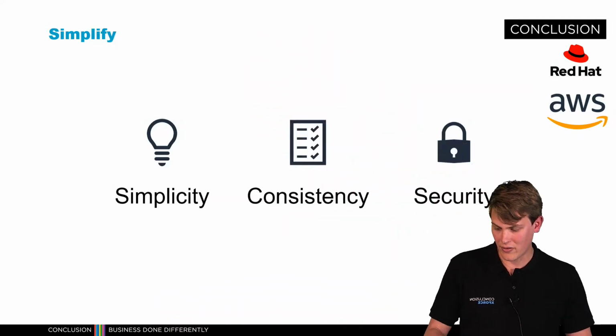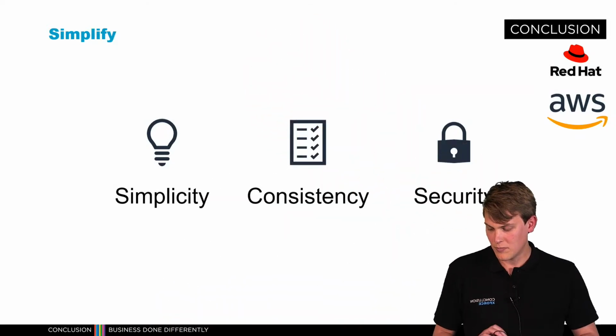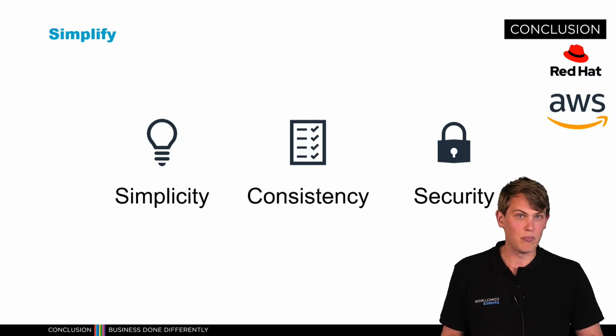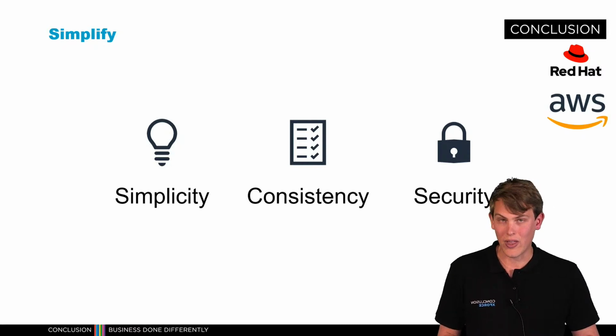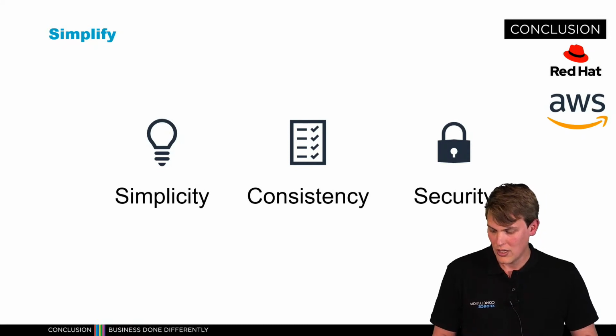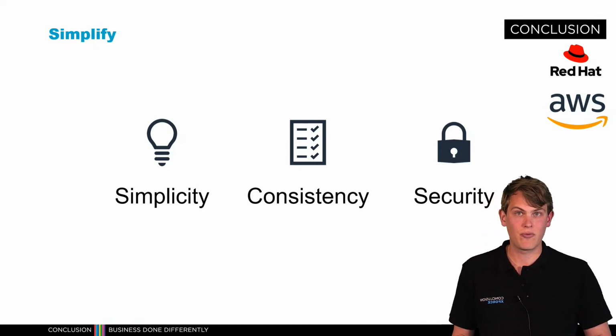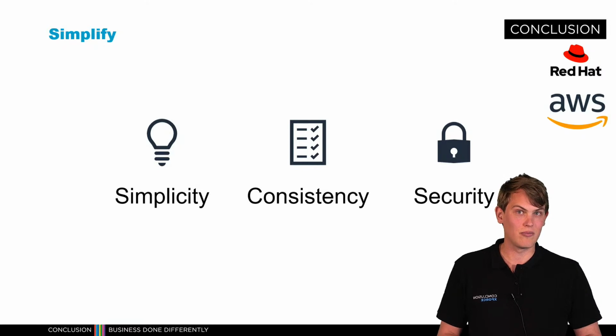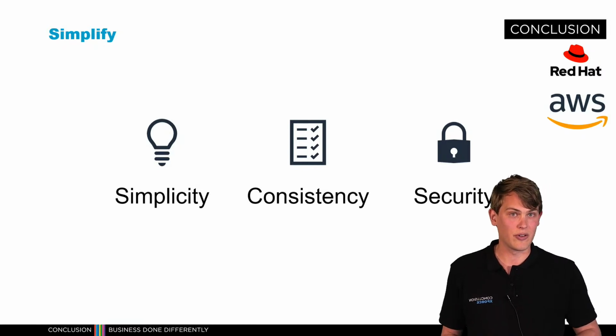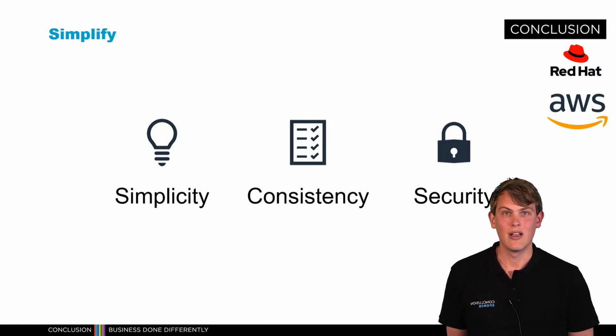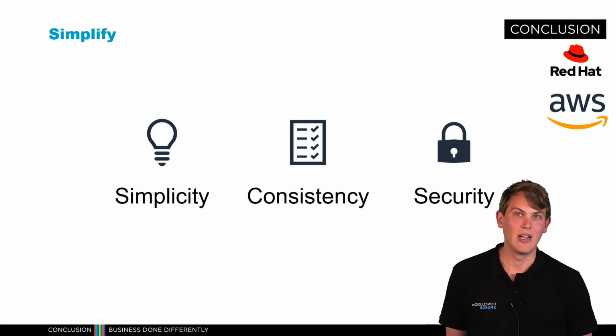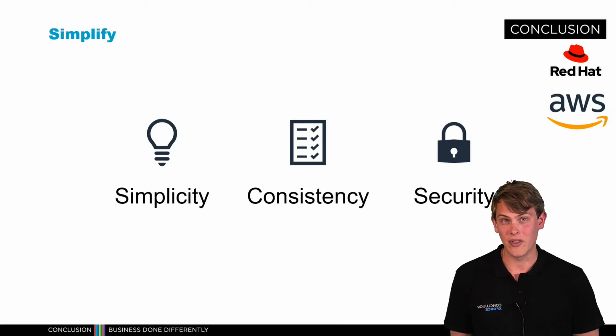So we see ROSA as a great solution for this to really enable both development and operations teams to make the most out of the technology that's on offer. One of the most important aspects of simplifying your infrastructure and application delivery really boils down to 3 points. Simplicity, obviously, consistency and security.